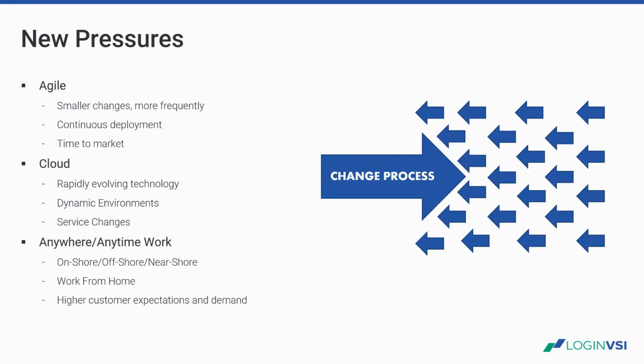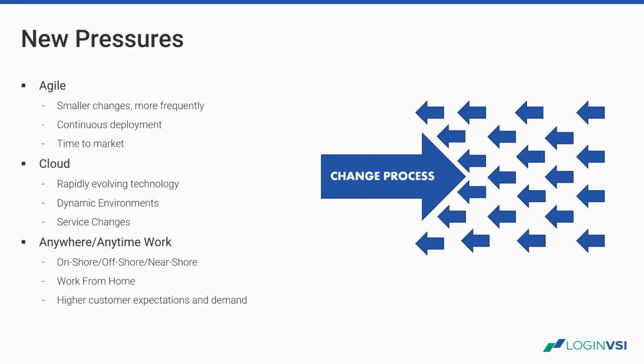What we see here is that there are new pressures that are being placed on existing change processes. And these pressures are infinite. If our change process doesn't modernize, we're going to get overwhelmed. So some of these concepts that Agile brings forward: smaller changes, more frequent changes, deployed more often.